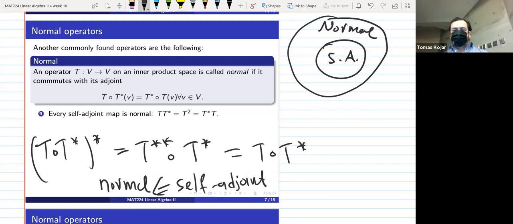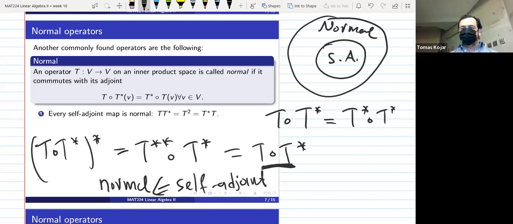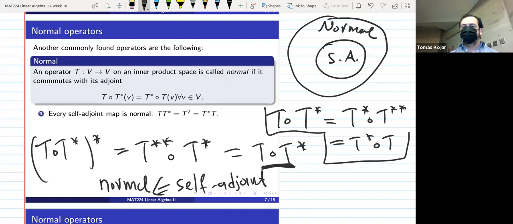I proved that this guy is self-adjoint. Okay, good for me. Who cares? But the guy is self-adjoint. That means you can replace it by T star like this, and so you get this. So you get normal. Okay, so that proves the normality.